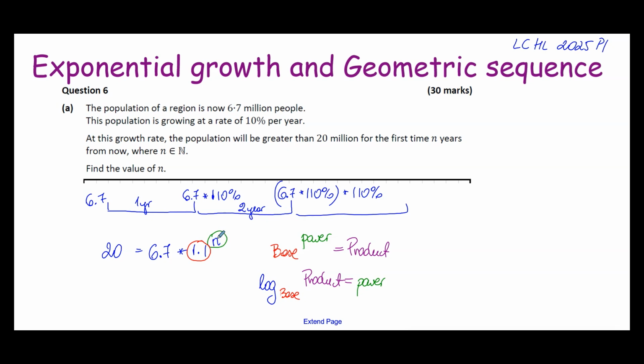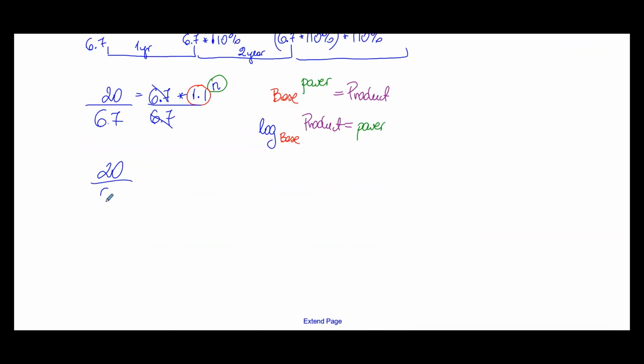I need to have the base and power on their own, so 6.7 has to go. Therefore, I divide both sides by 6.7. And now I have clearly the product, 20 divided by 6.7, the base 1.1, and n being the power. Therefore, log of base 1.1 of the product 20 over 6.7 will give me n, the power.